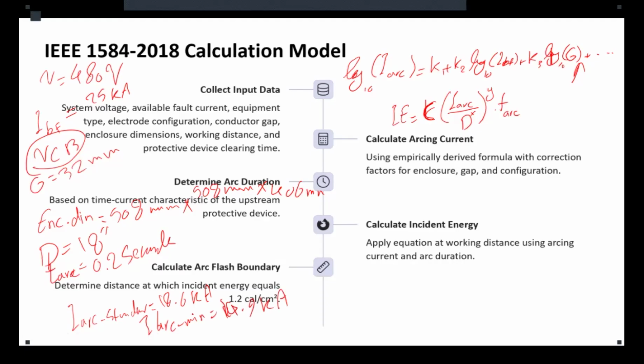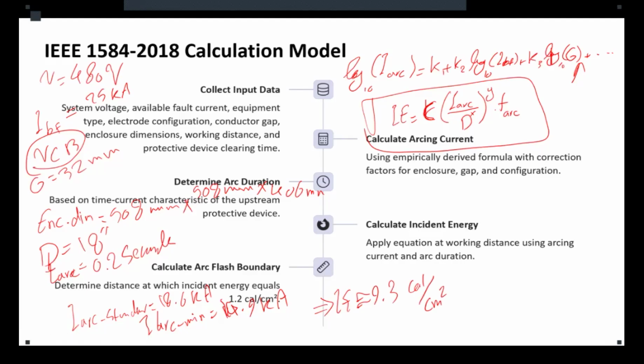We have the arc duration of 0.2 seconds. Based on that, you can calculate the IE with this formula, and if you run it, the IE will be around 9.3 calories per square centimeter.